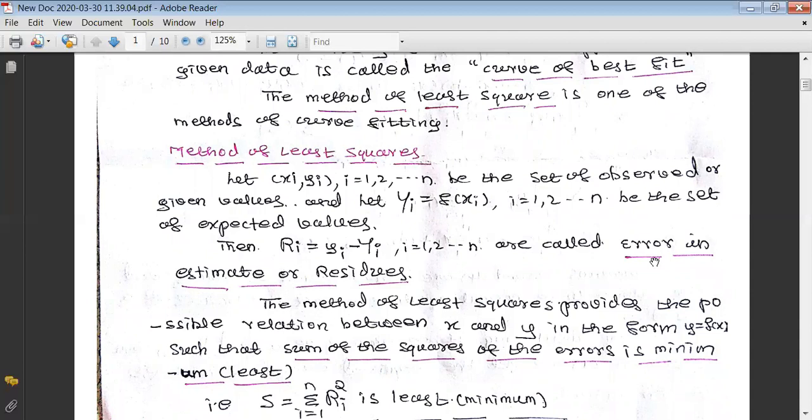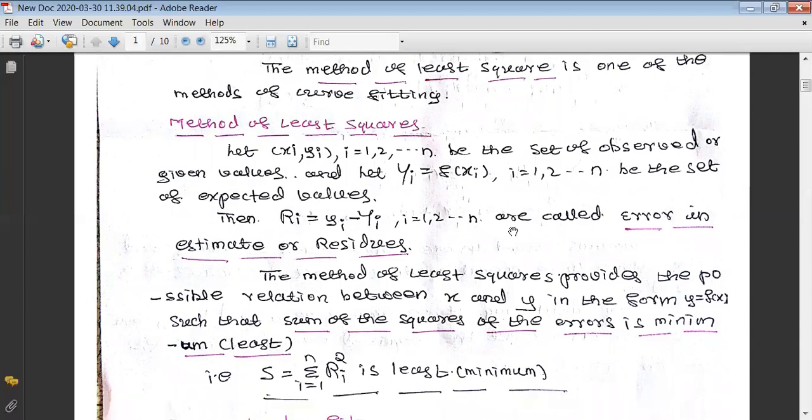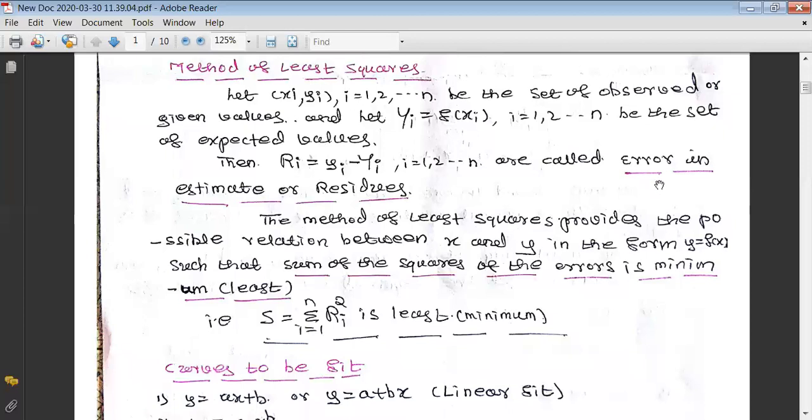Once we take the difference between observed values and the expected values, we find some difference between them, and these differences are denoted by capital Ri, called errors in the estimate. This method, the method of least squares, provides the possible relation between x and y in the form y equal to f of x, such that the sum of the squares of the errors is minimum, that is, least.